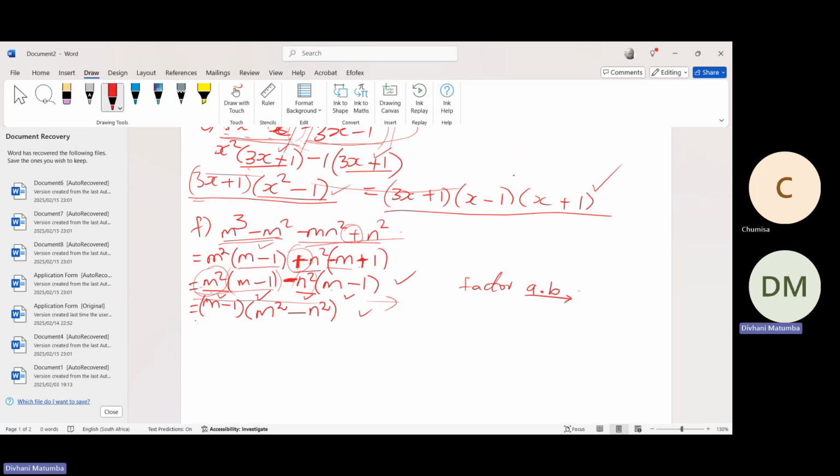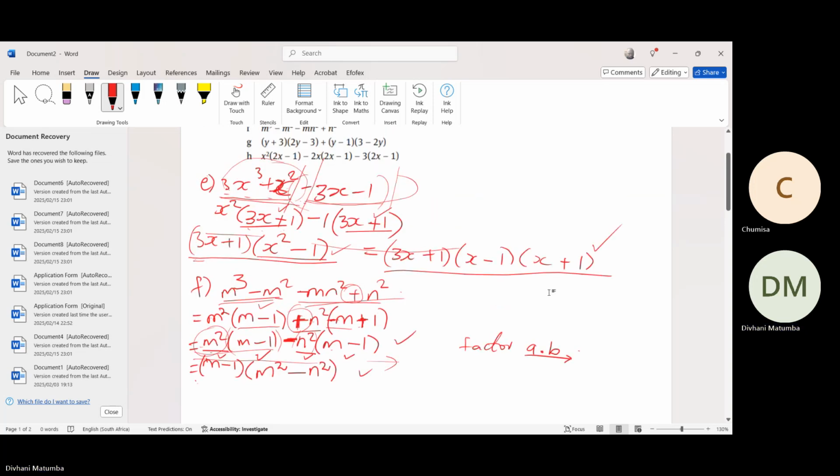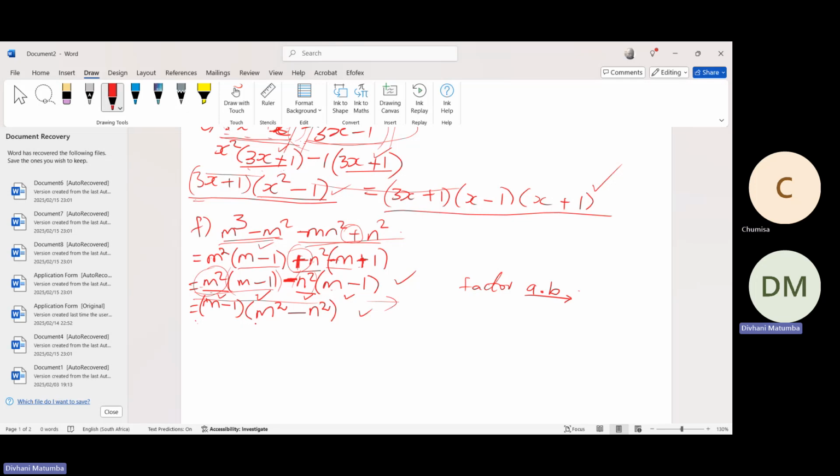You remember the list that I did for you about the types of factorization? You must always look out for the difference between two squares. Do you see that this is a square and that's a square? So this is a difference between two squares. You can't leave it like that. It is not fully factorized.